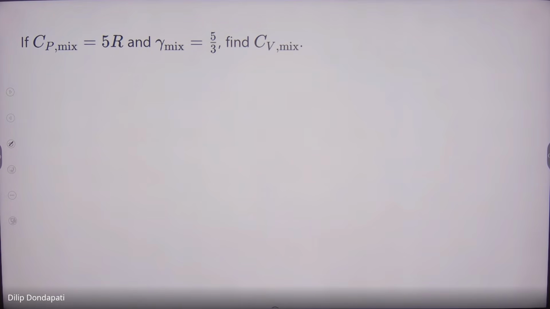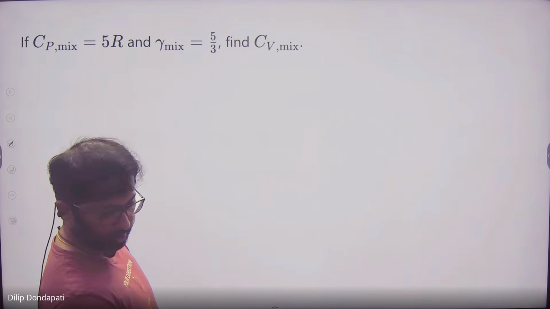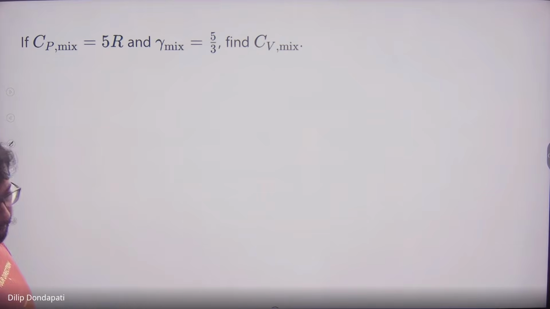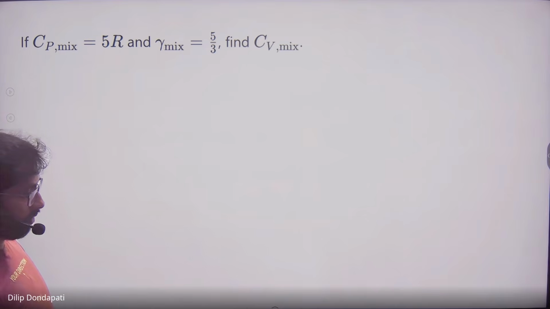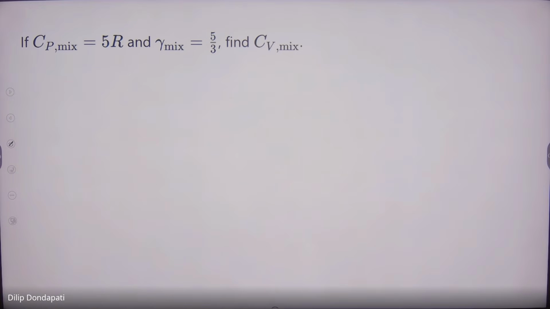Now CP mixture is given. Gamma mixture is given. I want CV mixture. Sir, in terms of R, R only. Sir, 3 by 2R.